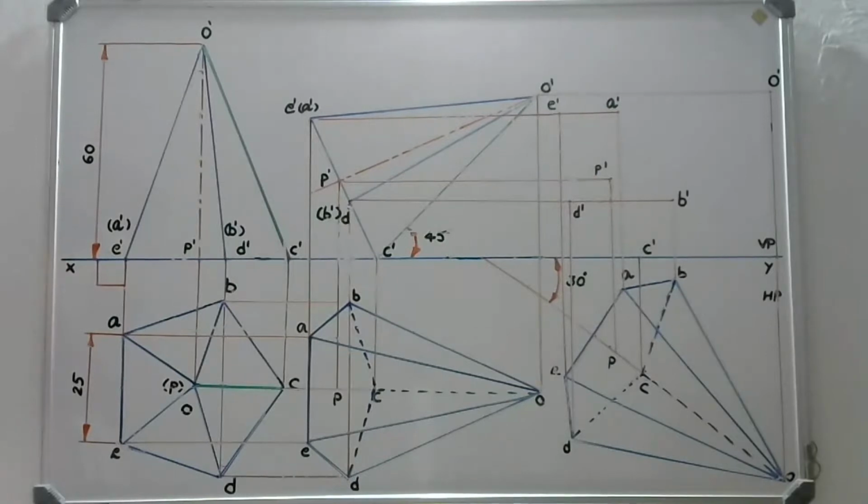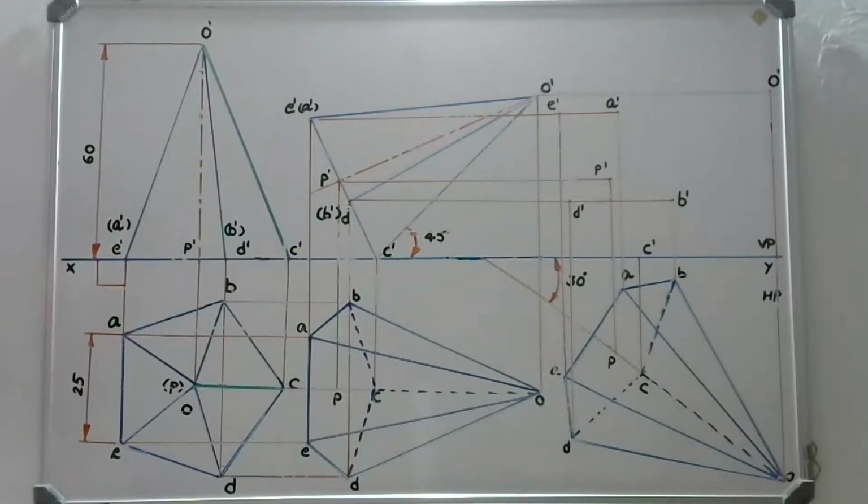A, B are the points in the base corner. So the edges associated with A dash are A dash, E dash and A dash, B dash. Then slant edge from A dash is A dash, O dash. Similarly from B dash, B dash, C dash, B dash, A dash, and slant edge B dash, O dash. These are invisible in the front view.